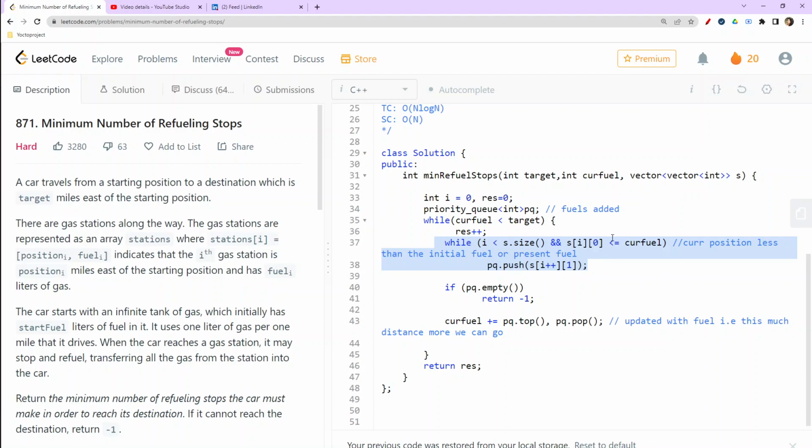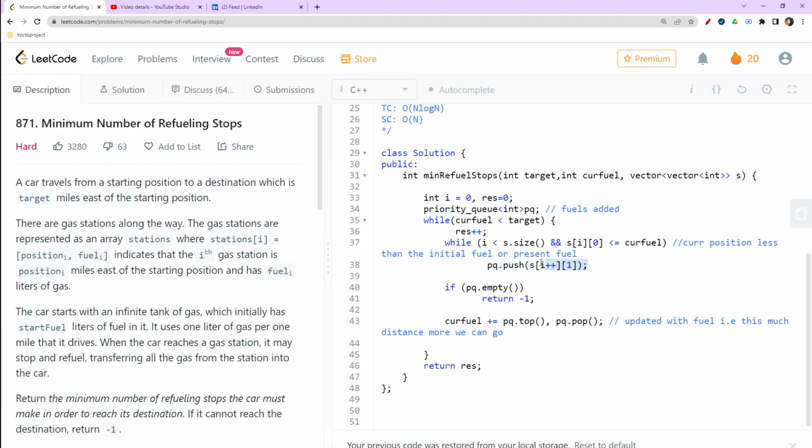Basically, in this condition, we are checking whether that particular station is within reach of our present fuel. Here we have the position of our next station, and we check whether our current fuel is sufficient enough to get to that station or not.